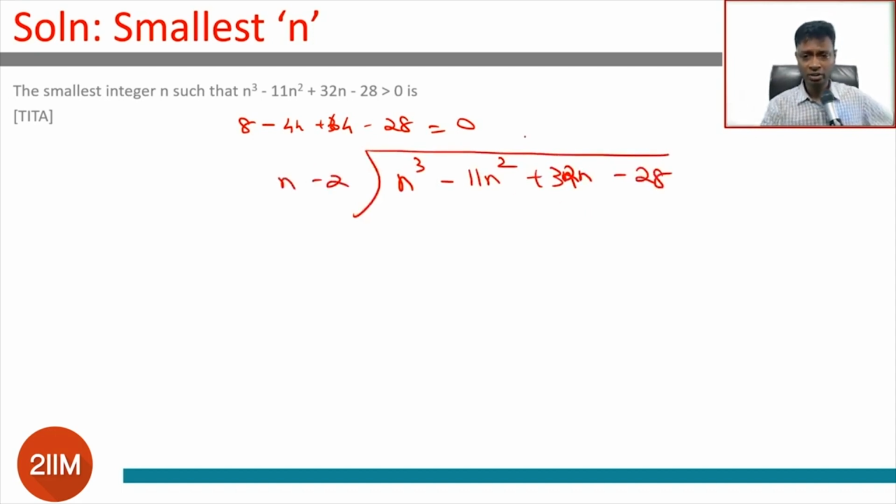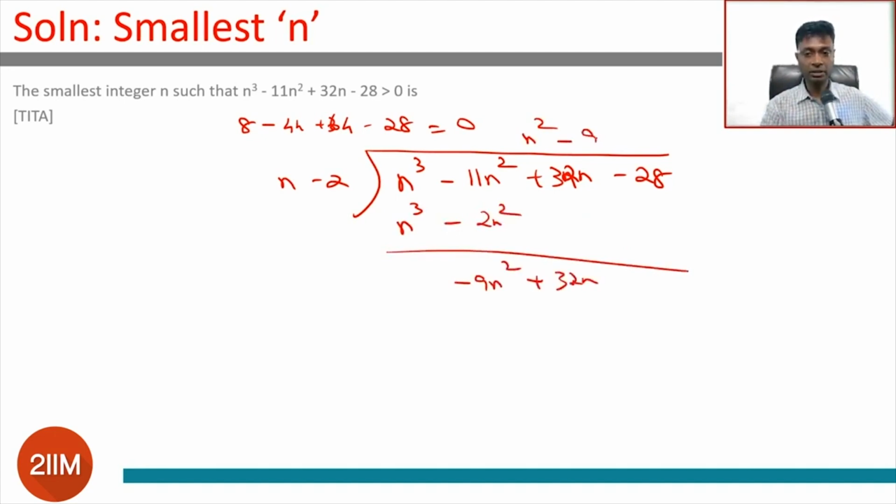We can factorize this. N square goes here, n cube minus 2n square. So minus 9n square plus 32n, minus 9n, minus 9n square plus 18n.